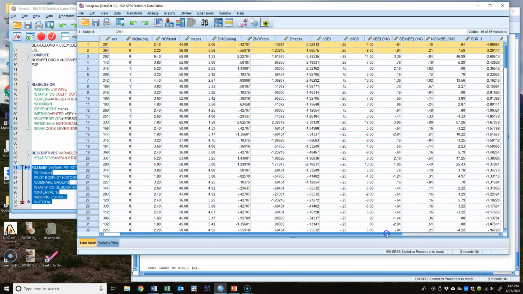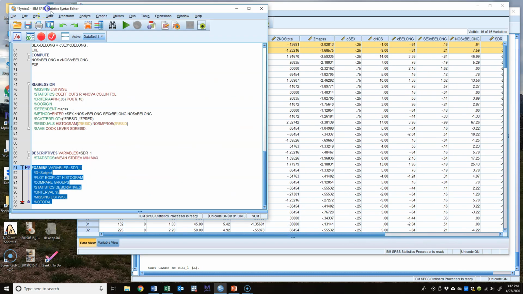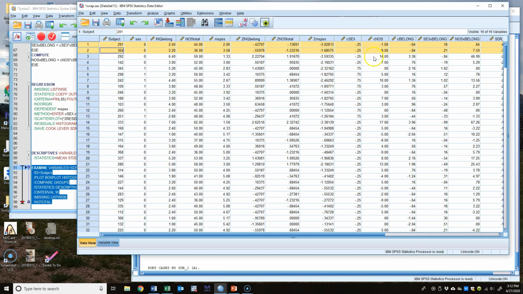Okay. Remember, our studentized deleted residual gives us an indication of the distance between the predicted value for that case in a model that the case isn't included in versus the observed value with that case in the model.